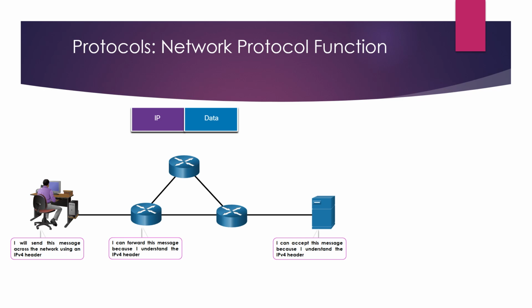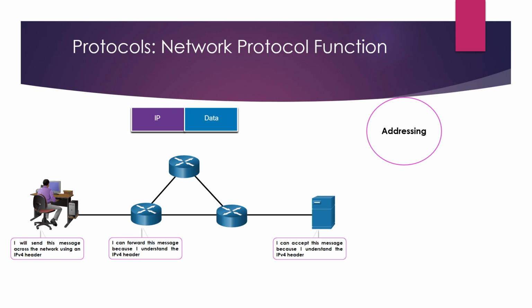And so we must know that computer and network devices use agreed upon protocols to communicate. The first function is addressing, where we can identify the sender and the intended receiver of the message using a defined addressing scheme.